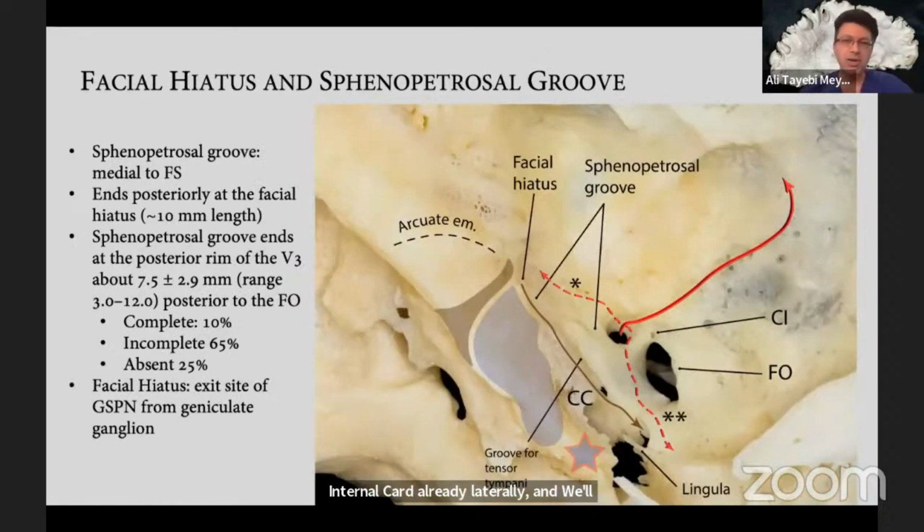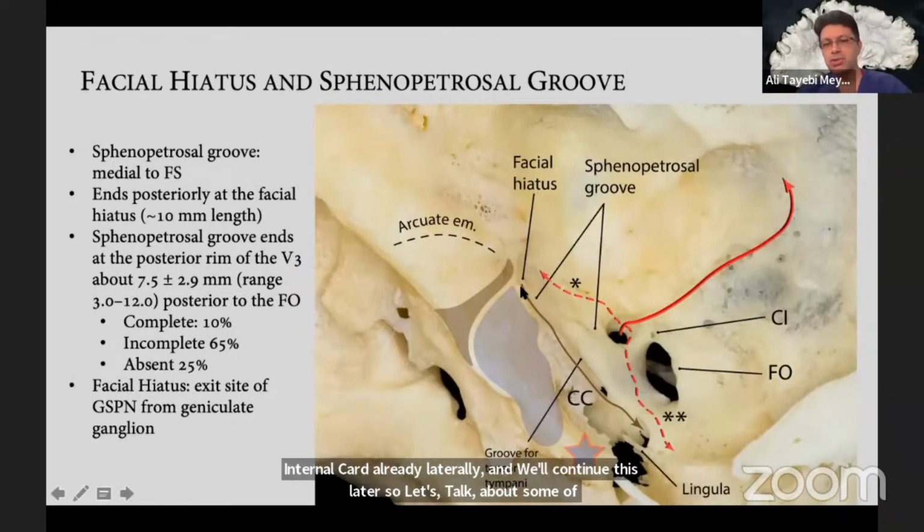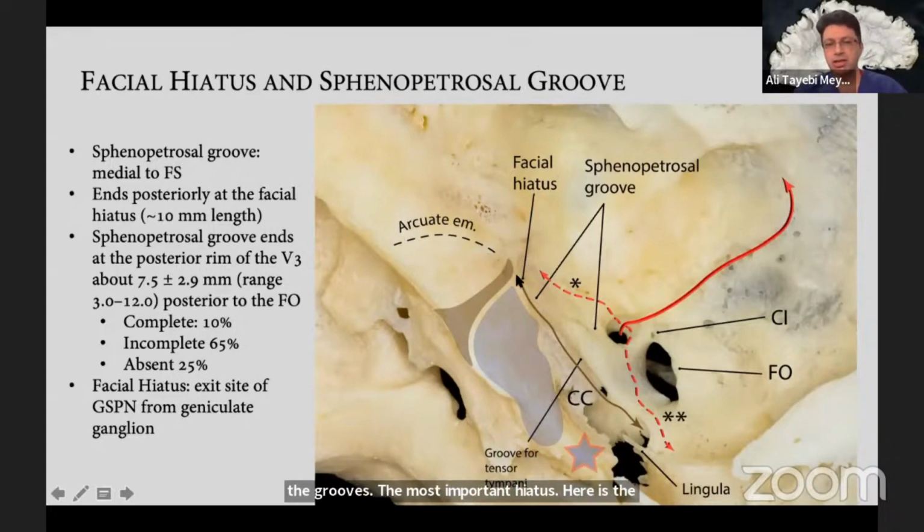So let's talk about some of the grooves. The most important hiatus here is the facial hiatus, and we'll talk about the arcuate eminence later too. But look at the facial hiatus.